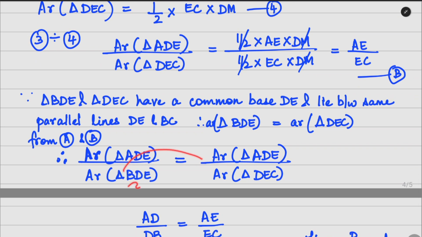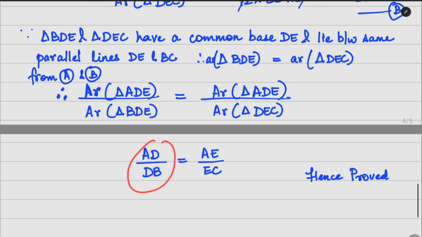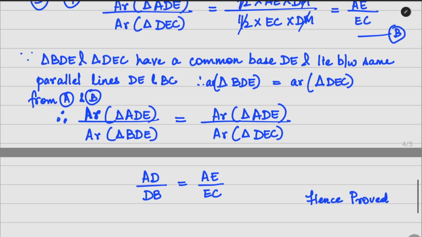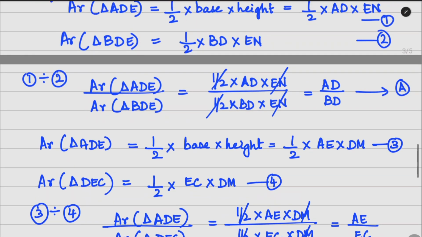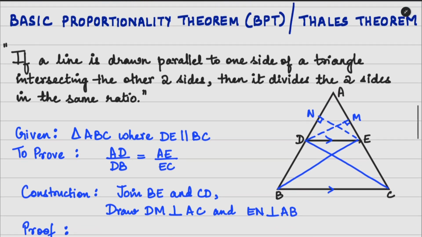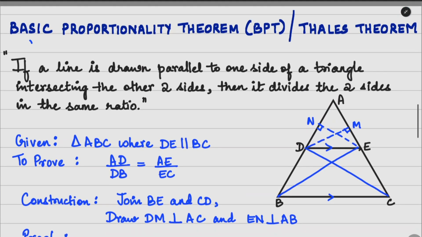ADE by BDE equal to ADE by DEC, which also means AD by DB equal to AE by EC. Hence proved. So this is very, very important, and you have a lot of questions based on this. But in case you are asked to prove it, make sure you write the statement, you draw the diagram, and you write all of these steps.